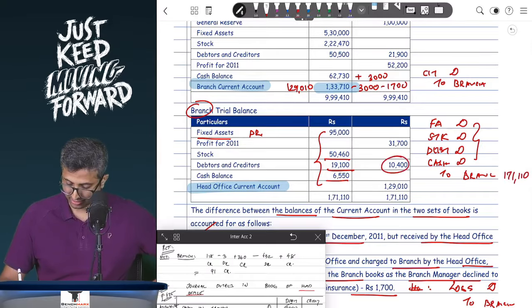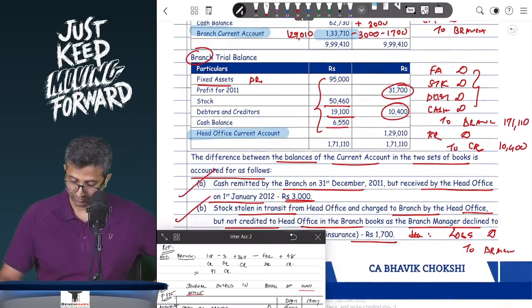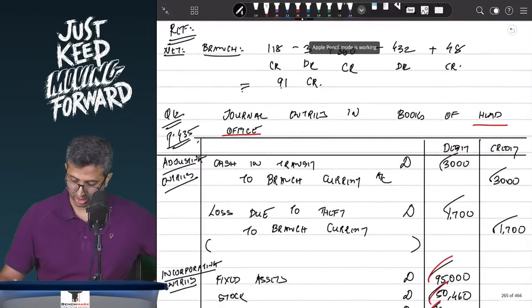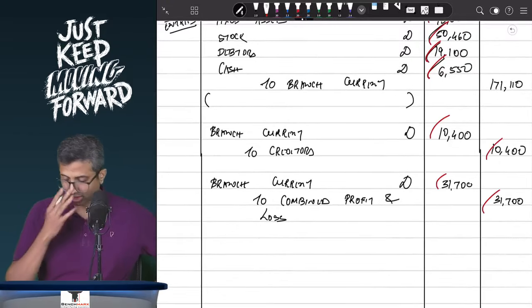Further, I will also take over creditors. So this is branch account debit to the creditors. This is 10,400. Further, branch profit also belongs to me. So I'll take over the branch profits over here. Then branch current account debit to the combined profit and loss.